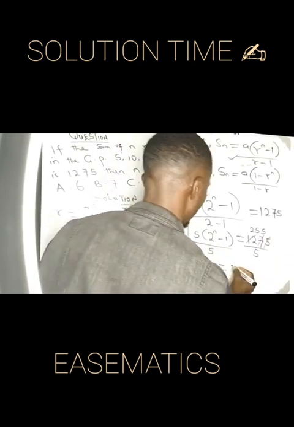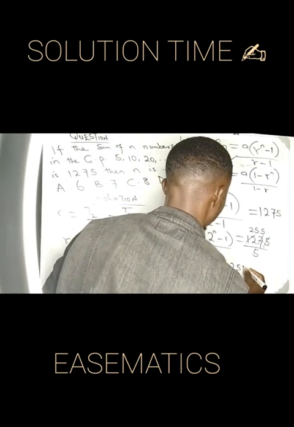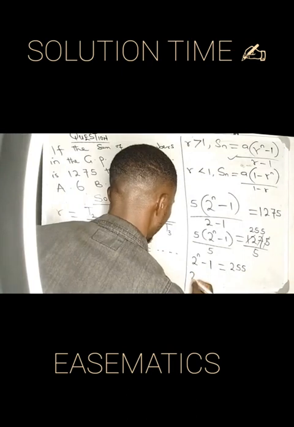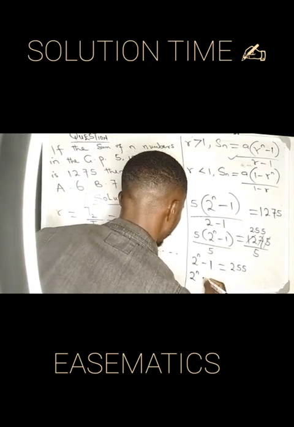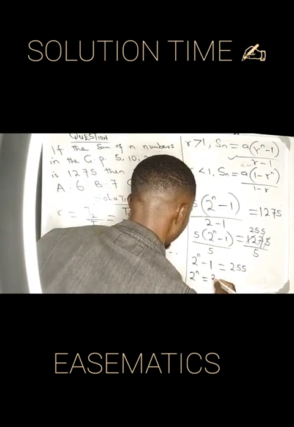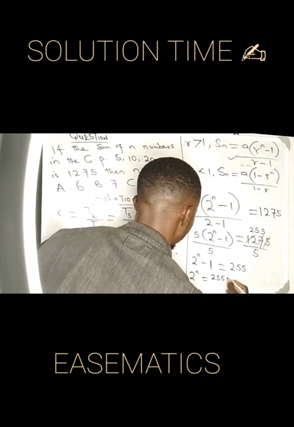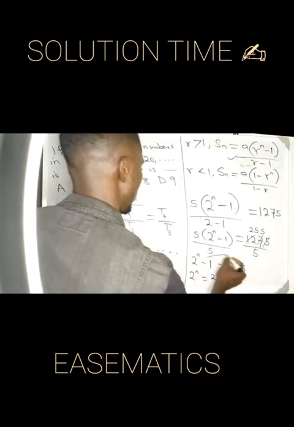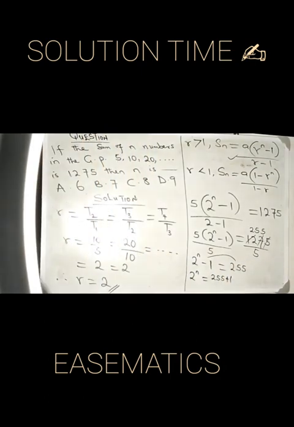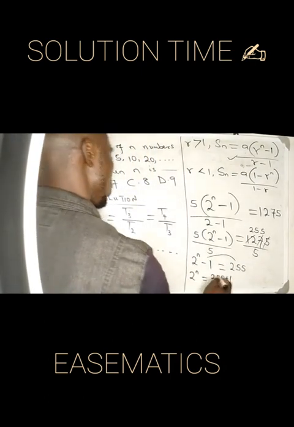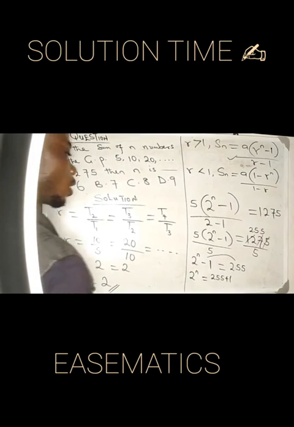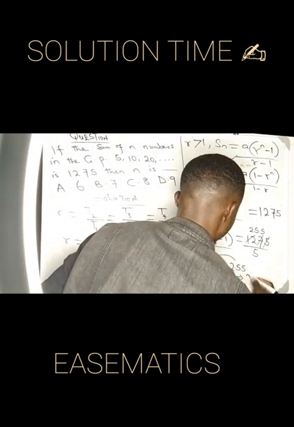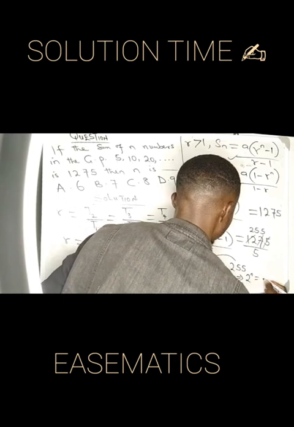So this gives us 255. Now collecting like terms, 2 to the power of n is equal to 255 plus 1, which gives us 256.